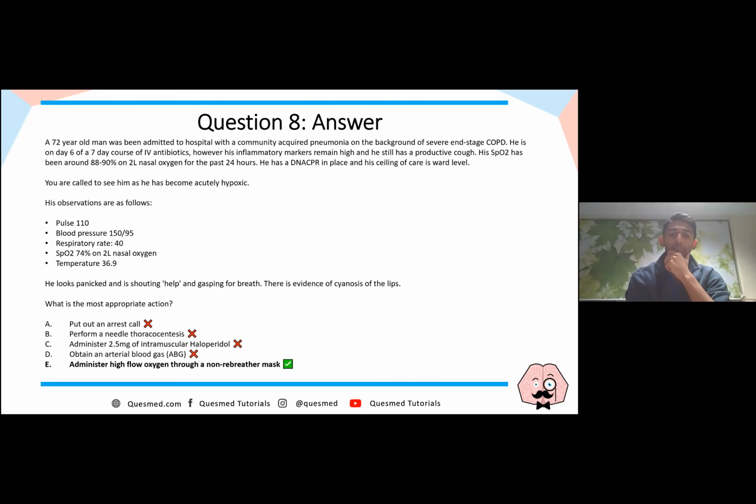And so a non-rebreather mask practically is actually quite rarely the first thing you give. The only setting where it's reasonably common is in A&E, where you may not know the diagnosis, you may have no results to go on, and so you treat empirically just based on symptoms, and then you can always titrate down, okay? And in this instance, you can do the same. Start with a non-rebreather and then titrate it down, okay?